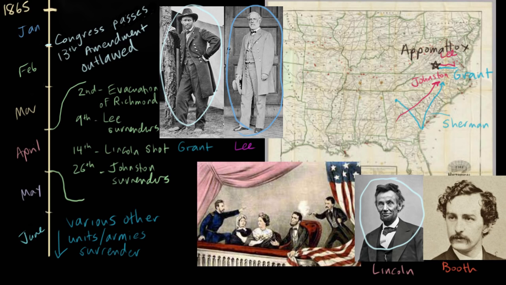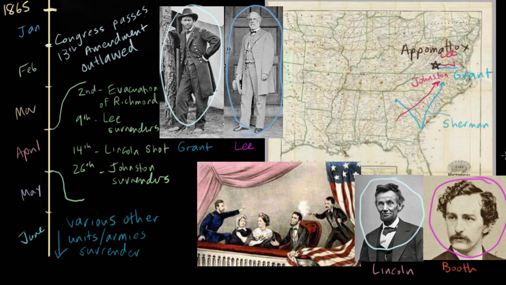In this speech, he lays out that African Americans after the Civil War are going to have citizenship, at least some of them, and the right to vote, which is in keeping with everything that he's said since the Emancipation Proclamation. But what he does not know is that this man, John Wilkes Booth, is in the crowd that day listening to him. And when he hears Lincoln say that African Americans are going to have citizenship and the right to vote, he vows to kill Lincoln.